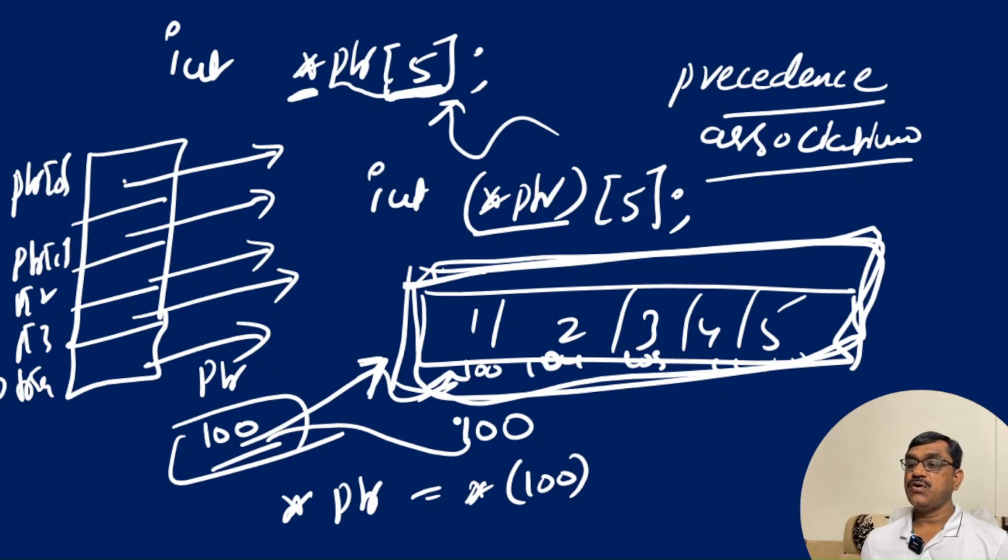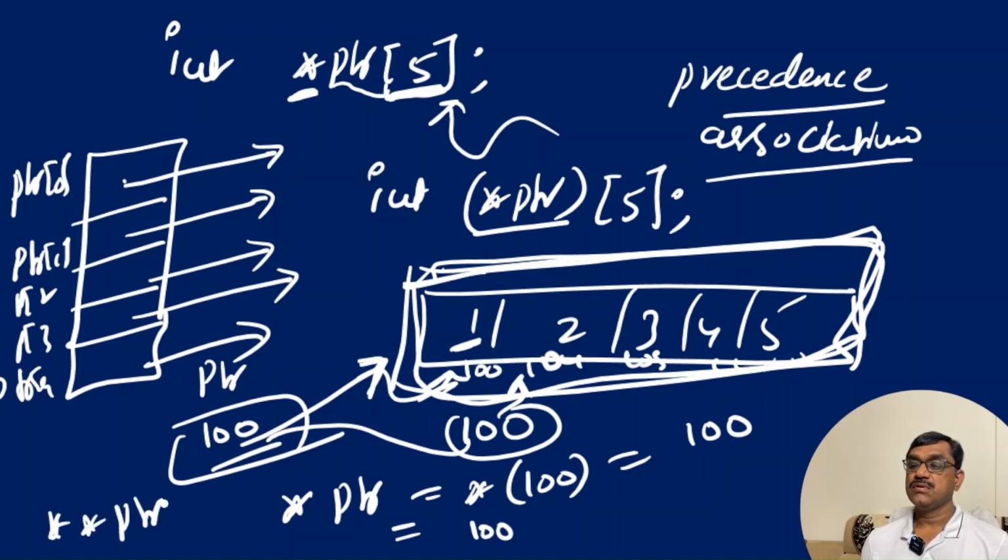Then we are moving from outer 100 to inner 100. Whenever we say *ptr, it is *100, meaning again we are getting 100. But if you want to refer to the first element, you write one more star. That means to refer to the first element 1, you write **ptr. That is very, very important.